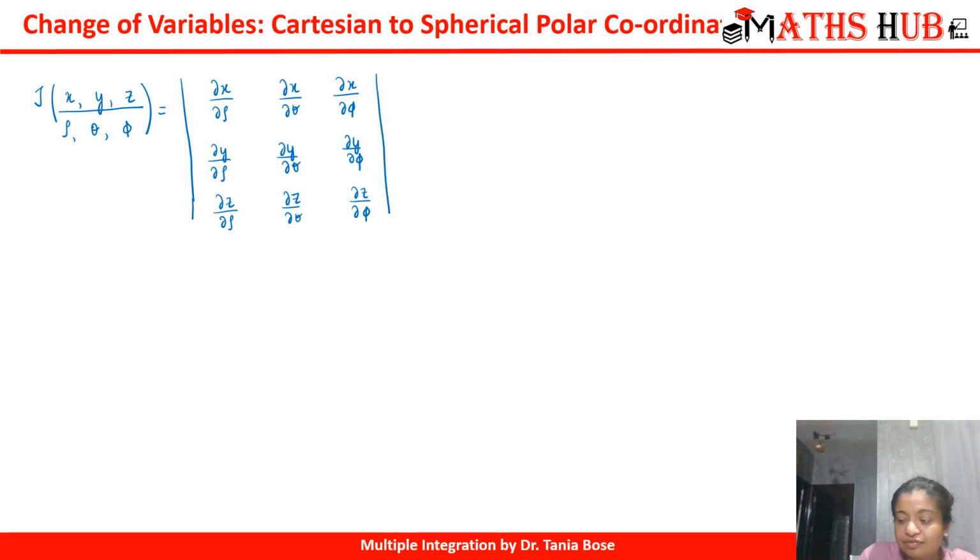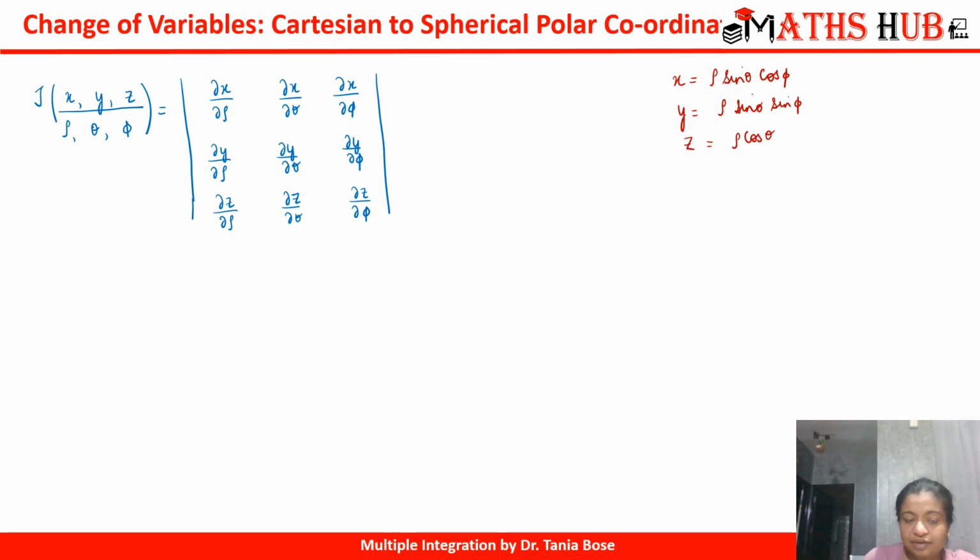Now what are the values of x, y, and z? x is equal to rho sine theta cos phi. Then y is equal to rho sine theta sin phi, and z is equal to rho cos theta, right?